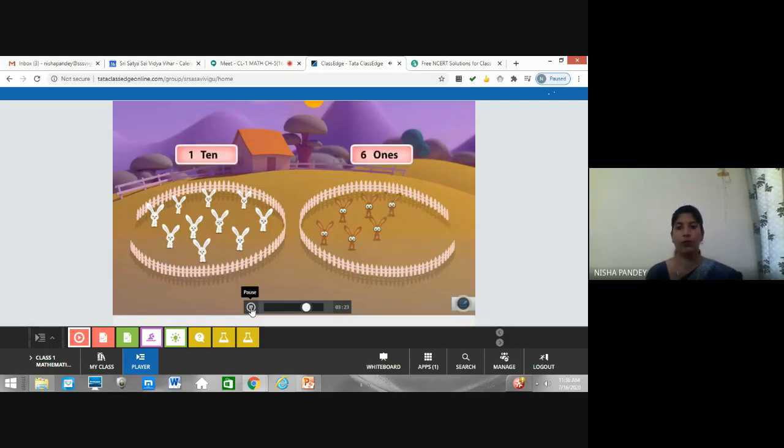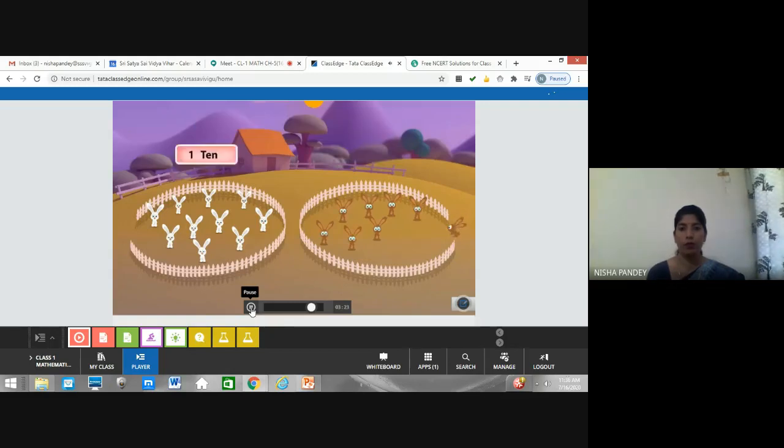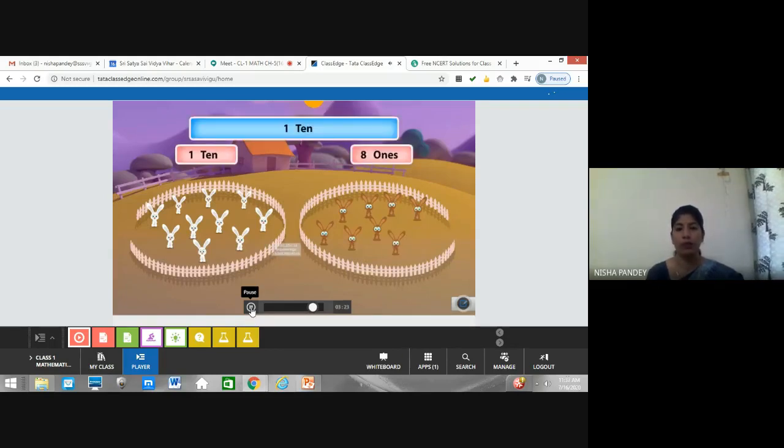One more rabbit makes it 110 and 6 ones. That is 16 rabbits. Now there are 110 and 7 ones. That is 17 rabbits. One more rabbit hops in. This makes 110 and 8 ones. We call this number 18.